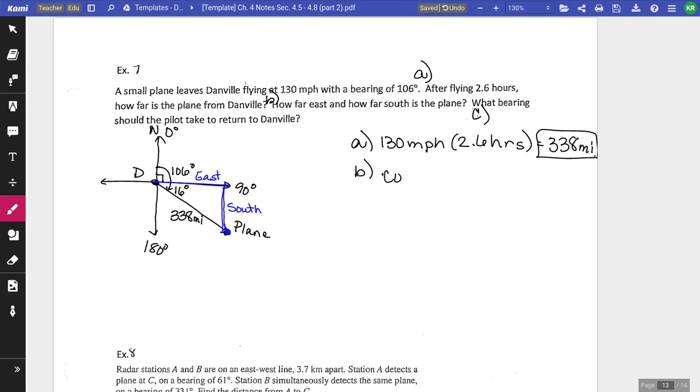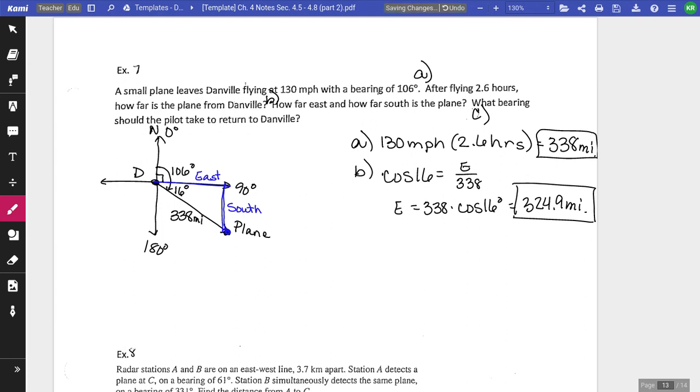I'm going to start with cosine of 16 degrees, which is adjacent over hypotenuse. That's my distance east over my hypotenuse, 338. If I multiply both sides by 338, I get east equals 338 times the cosine of 16, which gives me 324.9 miles east. Then I can do something similar to find the distance going south.